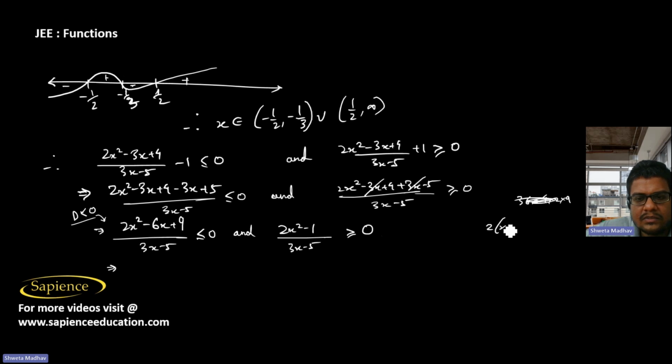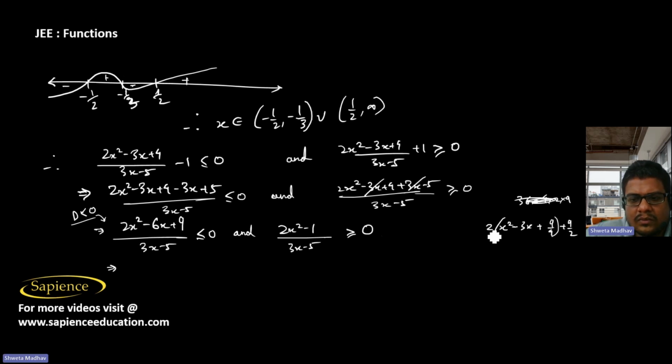Since I can write it as 2 into (x square minus 3x plus 9 by 4), which gives plus 9 by 2.